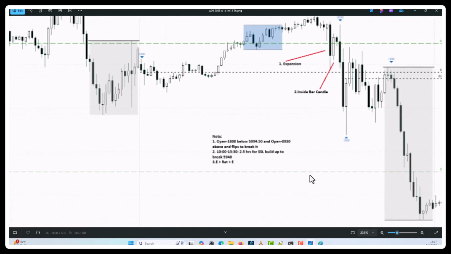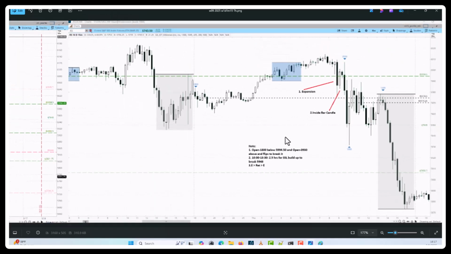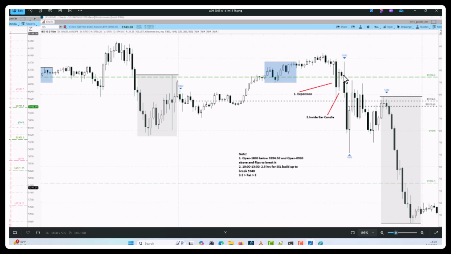We can see a couple of observations right there. The open at 18:00 is below the level that is supposed to reverse. And right here you have 9:30, here is 9:15, and then you have 9 o'clock.